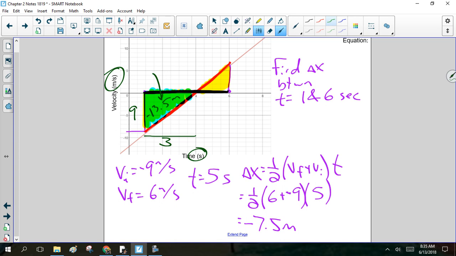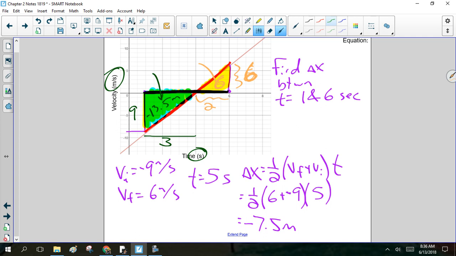And then over here, for this chunk, this side is 2, this side is 5. So half of base times height, this guy has an area of 5. Oh, this side's 6, sorry about that.